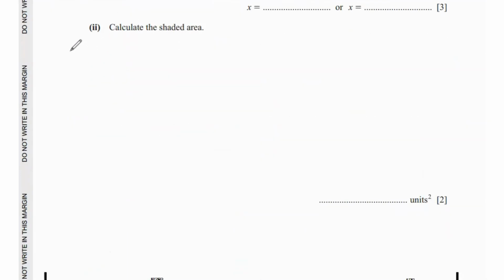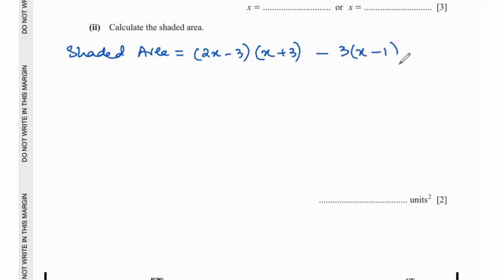So that's going to be 2x minus 3 times x plus 3 minus 3 times x minus 1. So 2x squared plus 6x minus 3x minus 9 minus 3x plus 3. So that's 2x squared minus 6.